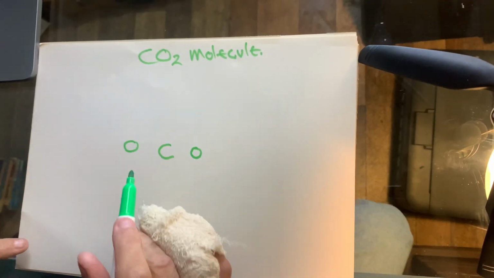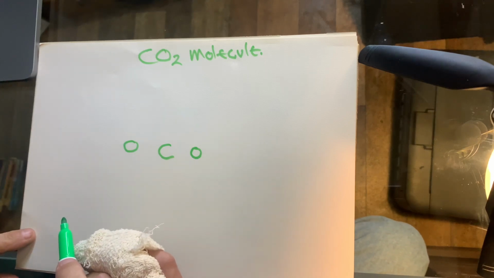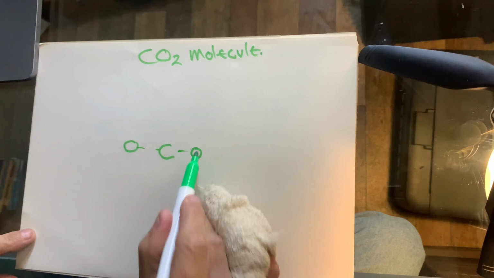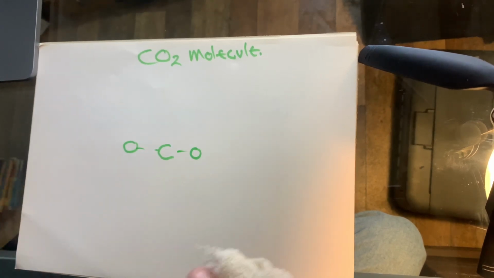It's the actual arrangement of the 3 components in this linear arrangement.